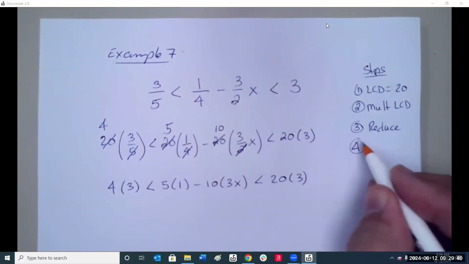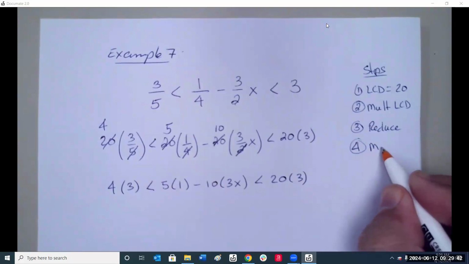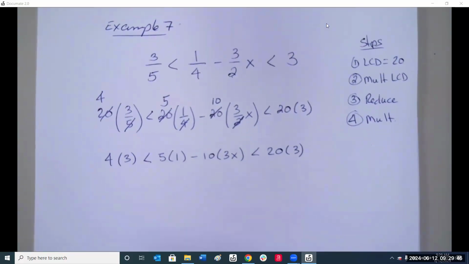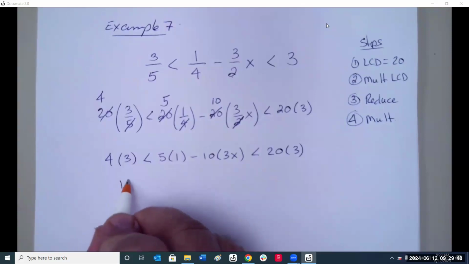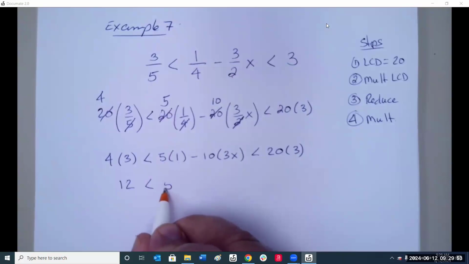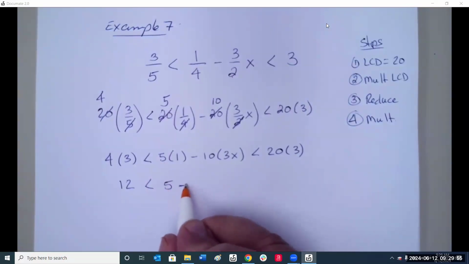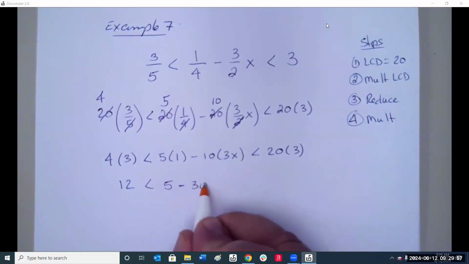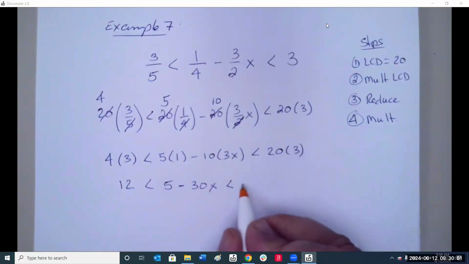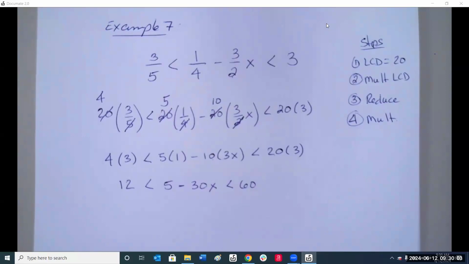Now we have no more fractions. So now we have to get rid of the parentheses. So we multiply each of the terms. 4 times 3 is 12. 5 times 1 is 5. 10 times 3 is 30x. 20 times 3 is 60.